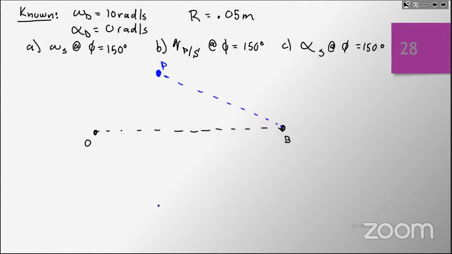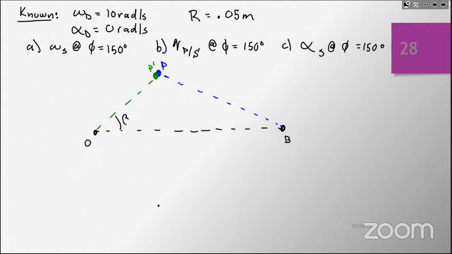And so we end up with this triangle here. We're going to say that there exists some other point, P prime, that is the point on disk S. This is where P touches disk S, and they're coincident, like we had on the collar. Point P and point A were the same in space, but the question is, are we measuring this from O or from B? That's what we're doing.